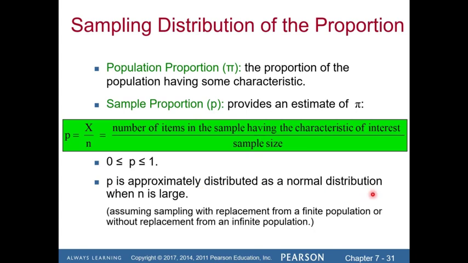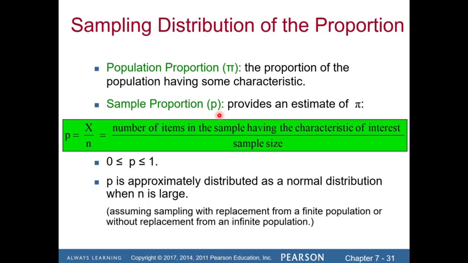So here you have to be very, very careful about sample proportion little p, because it is very easy to get confused between sample proportion p and the probability p-value. We have been using probability p-value for a long time in normal distribution in the previous chapter, and we also use the probability in a sampling distribution of the means to calculate the probability for a given x.